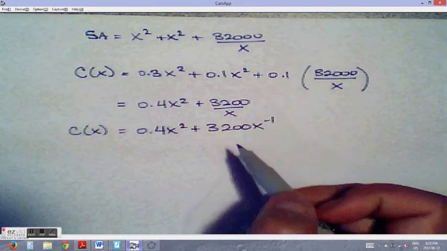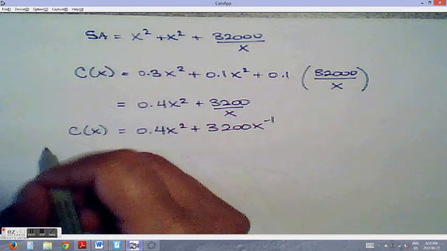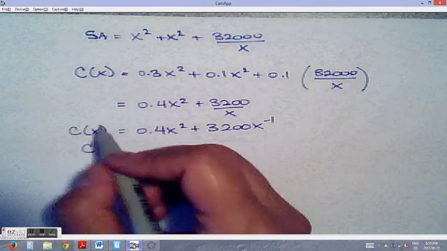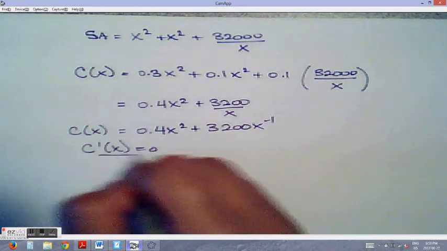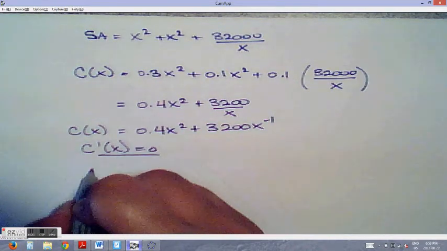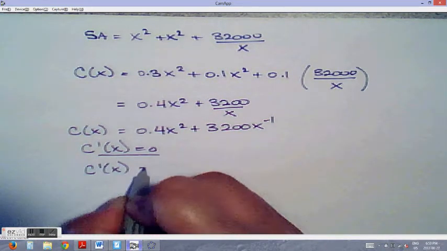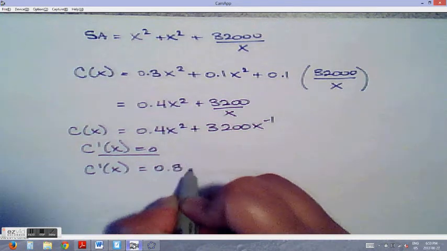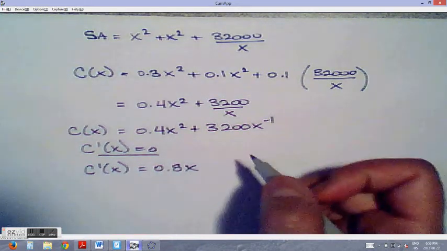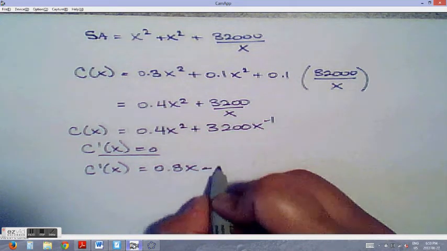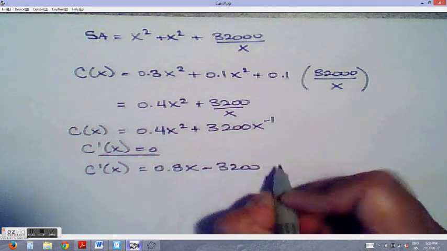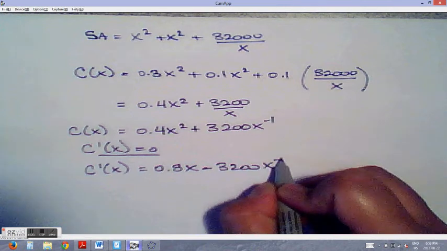And remember, I want to minimize. So what I'm looking for is this. Find the derivative of the cost function. 0.8x minus 3,200 x to the negative 2.